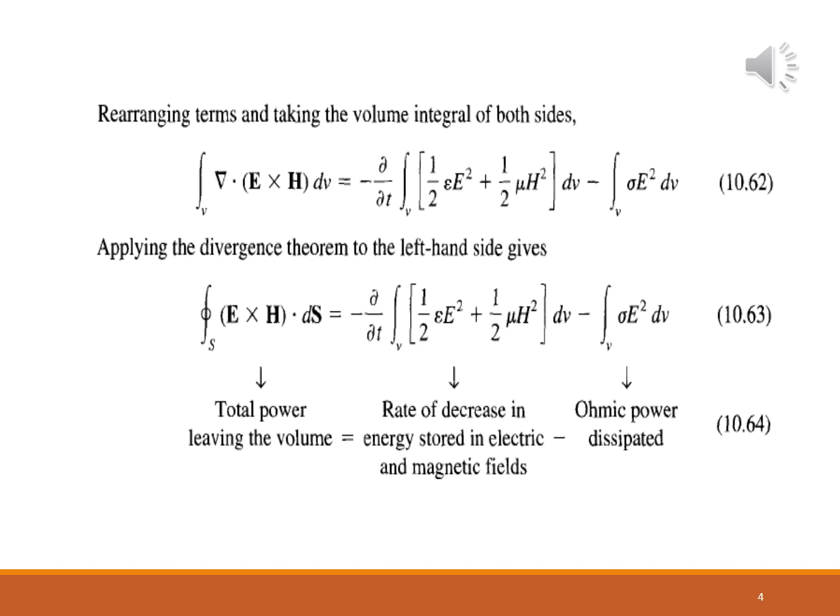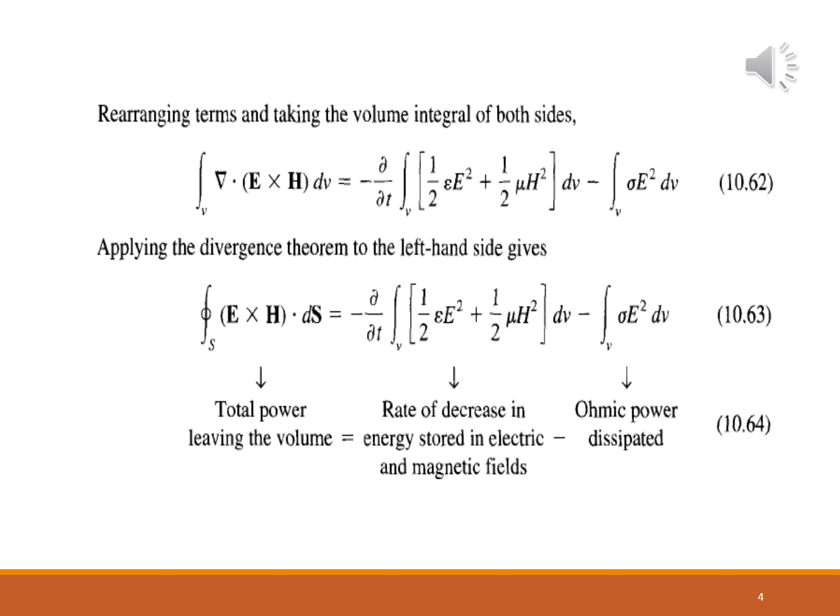Now, the last equation that you've just written on the previous slide, we're just rearranging the terms a little so that the del dot E cross H term is written on the left hand side, and then throughout the equation I'm going to apply the volume integral on both the sides. So I get equation 10.62, and this left hand side of equation 10.62 corresponds to a volume integral.